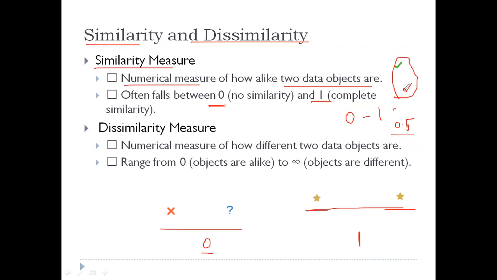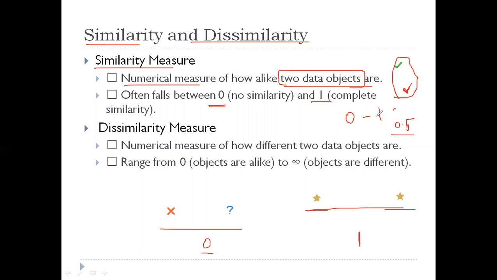So I have represented these tick marks with 0.5. Like this, we can measure the similarities between two data objects. These measurements are supported in pattern recognition problems, maybe in classification or in clustering. You can use these measures in classification or clustering.